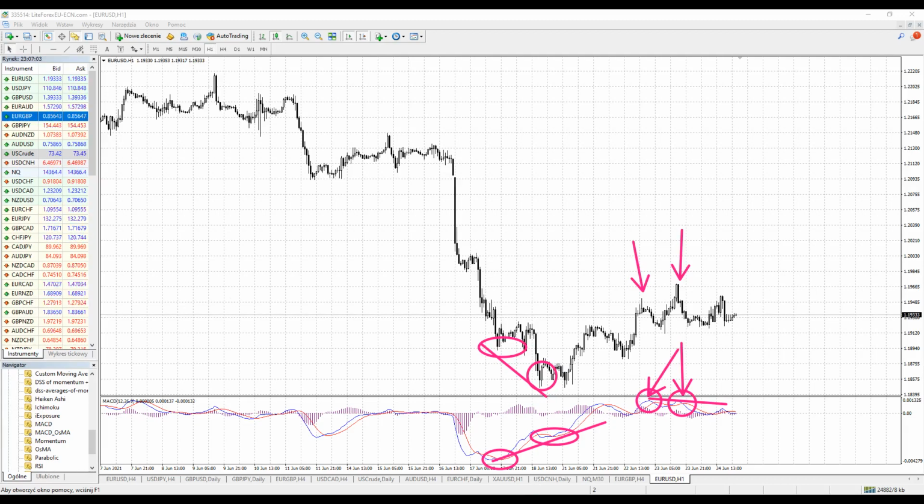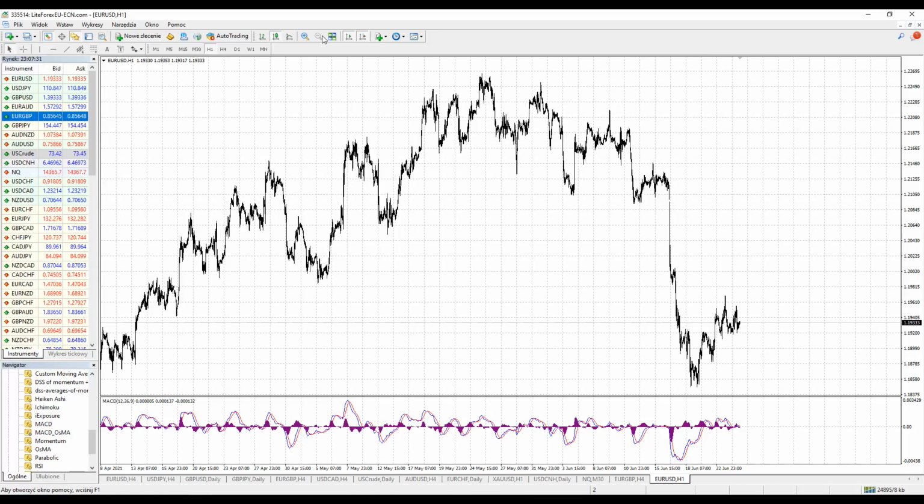But let me show you that it's not always the case. If you are not trying to protect yourself based on just pure belief that the divergence is going to work all the time, let's have a look if that's the case, right?